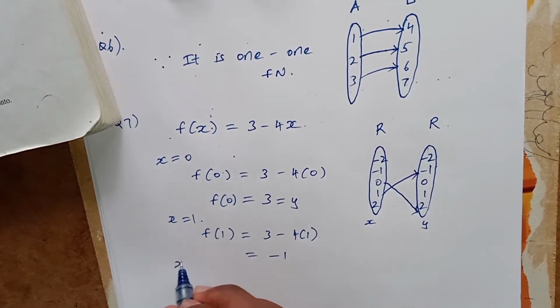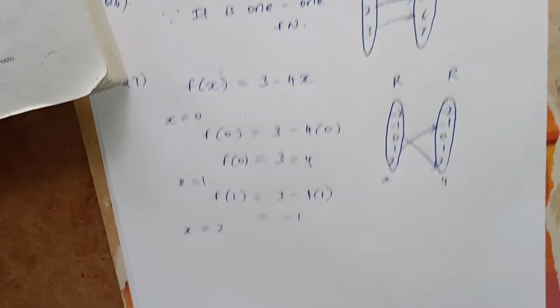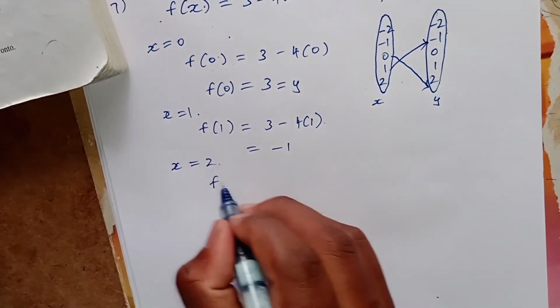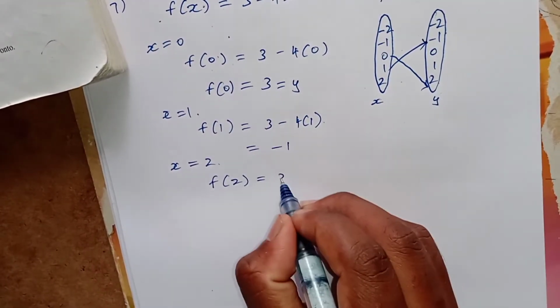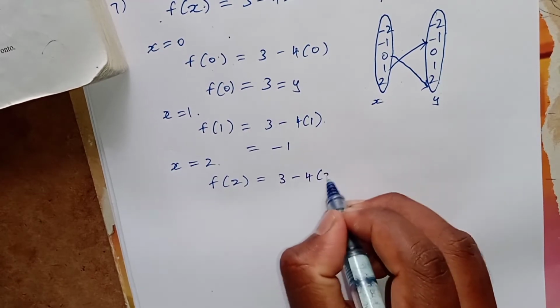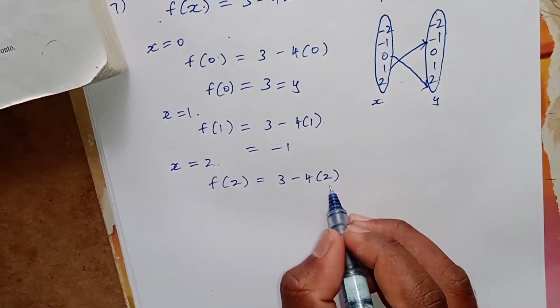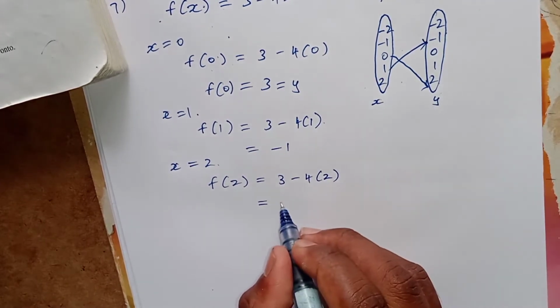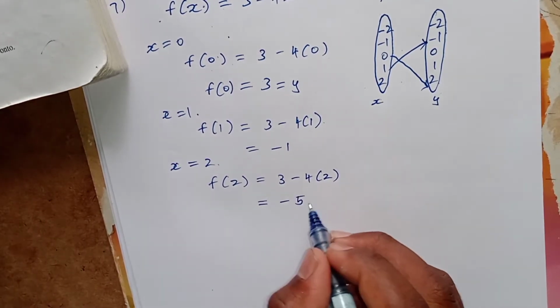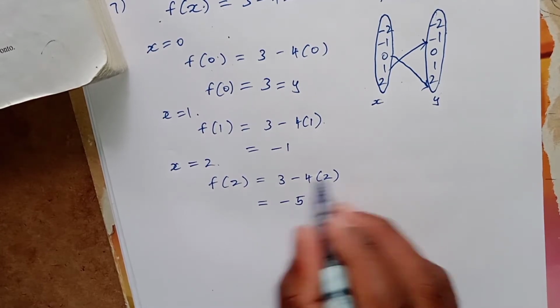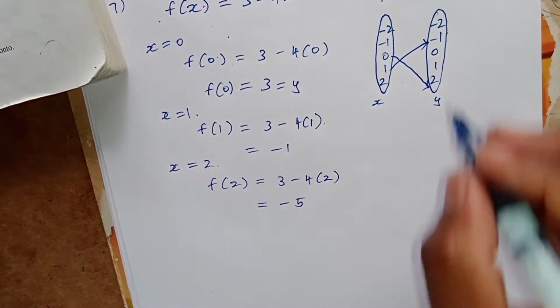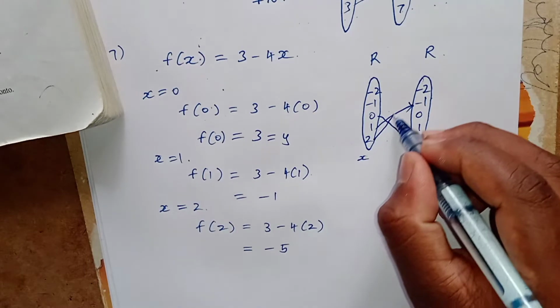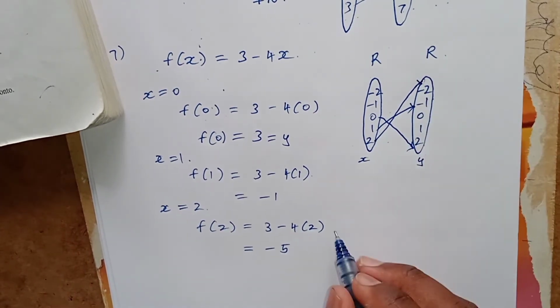If I take x equal to 2, f of 2 is 3 minus 4 twos are 8. 3 minus 8 is -5, put the greater number's sign; here the greater number is 8. Therefore, for 2, here -5.